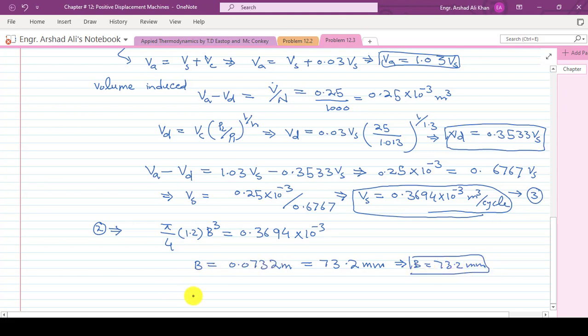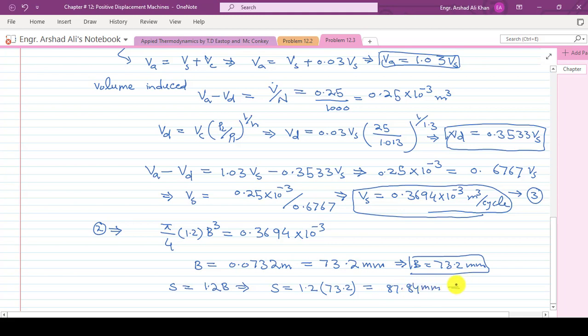Also, we have stroke equal to 1.2 times B. So stroke is 1.2 times of B, 73.2. So multiplying 1.2 we get 87.84 millimeter.